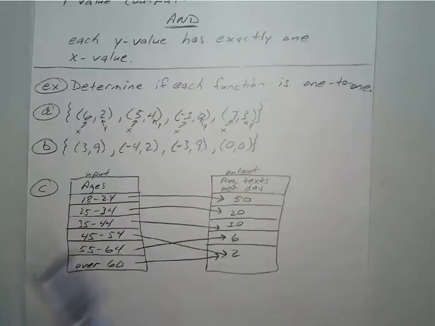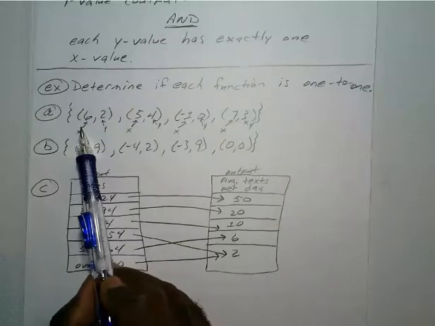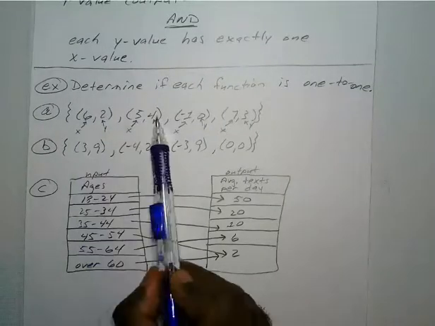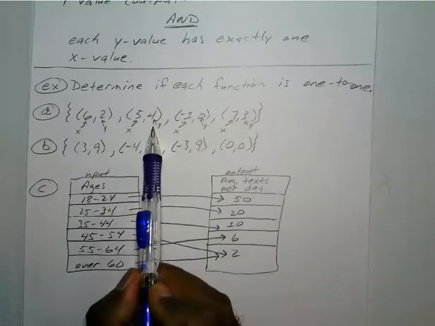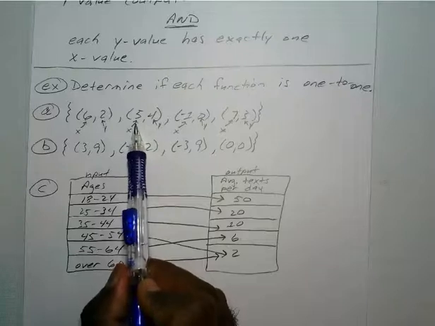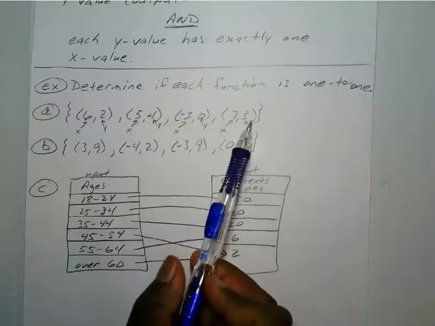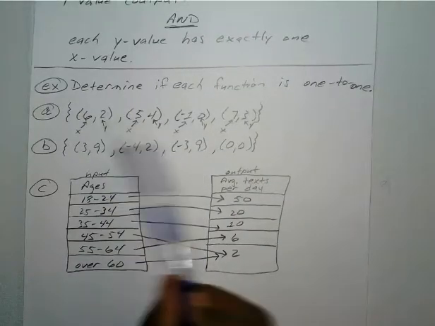Okay, so y equals 2. Y equals 2 only has an x equals 6. You don't see y equals 2 anywhere else. So we're good with the 2. What about y equals 4? Y equals 4 just has an x that's equal to 5. So you don't see y equals 4 anywhere else. What about y equals 0? You don't see y equals 0 anywhere else.